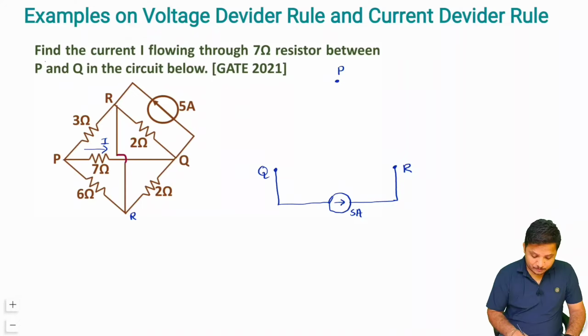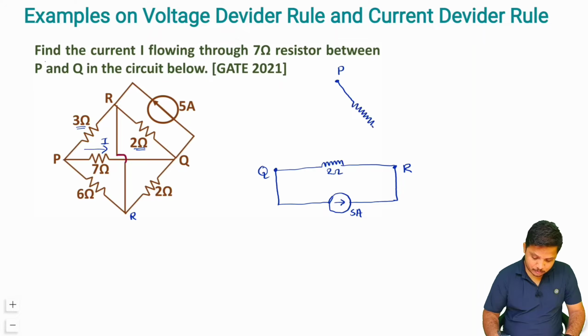Now between Q and R we have a 2 ohm resistor, so let me connect a 2 ohm resistor between Q and R. Now this 3 ohm resistor is between P and R, so between P and R I'll connect this 3 ohm resistor.